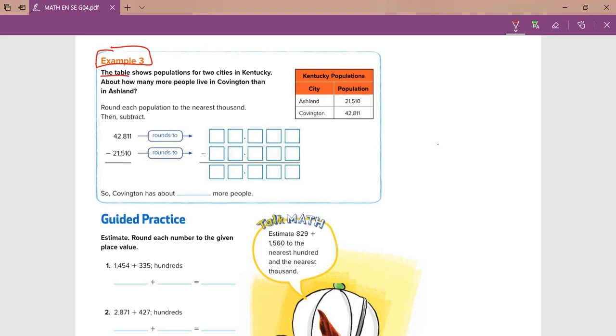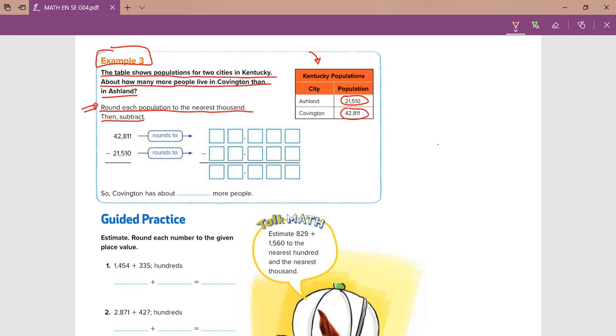Alright, example 3. Let's see what we have. The table shows populations of 2 cities in Kentucky. About how many more people live in Covington than in Ashland? So this is our table. We have the population for Ashland and we have the population for Covington. So follow the instruction. It says round each population to the nearest thousand, then subtract.